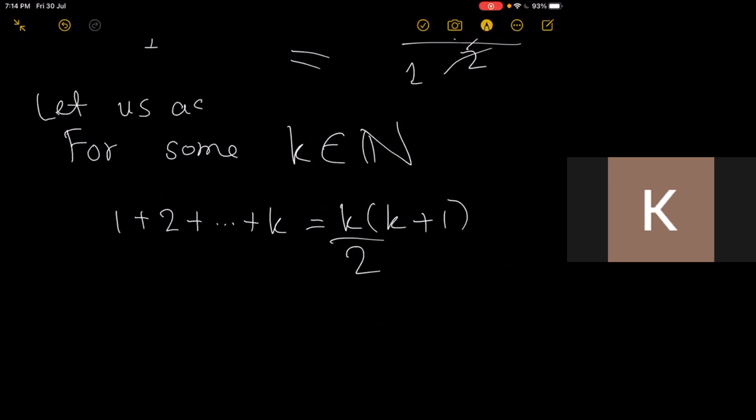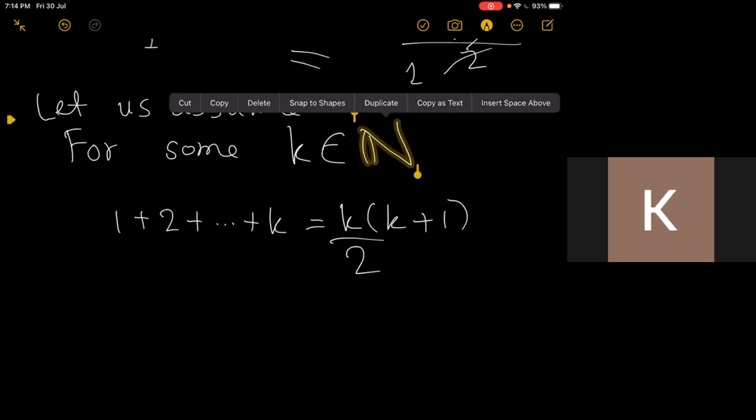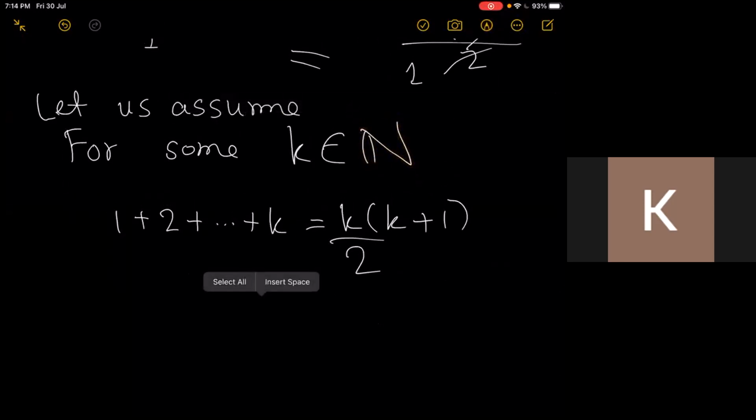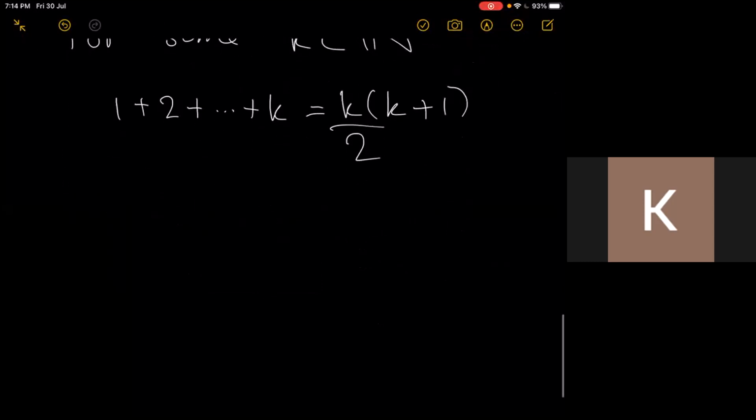This we are assuming. Suppose this is true for some number k, it can be 5, it can be 50, anything, like some k.